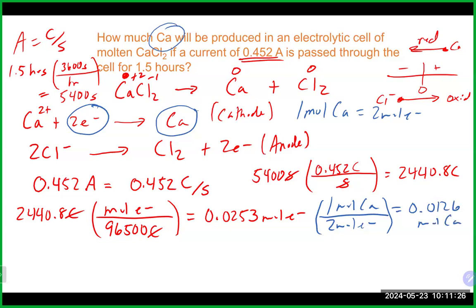We're looking for how many grams, so we go to the periodic table and get the molar mass of calcium, which should be 40.08, I believe.